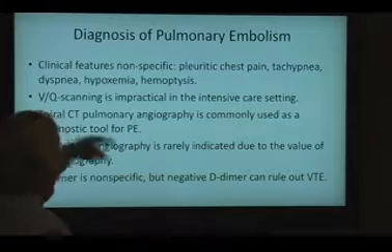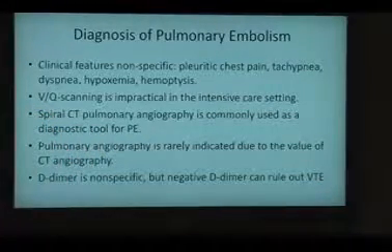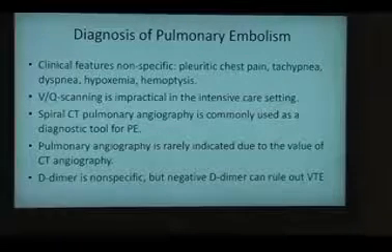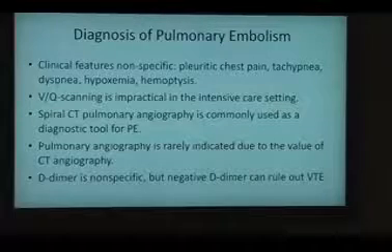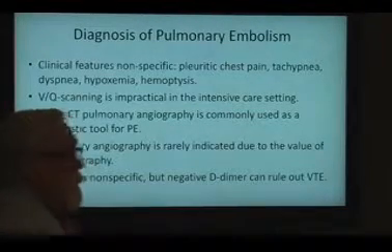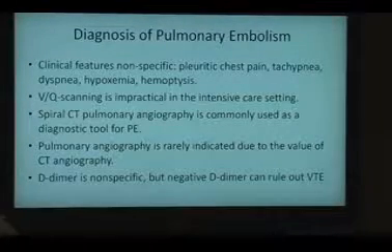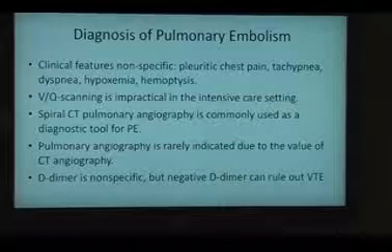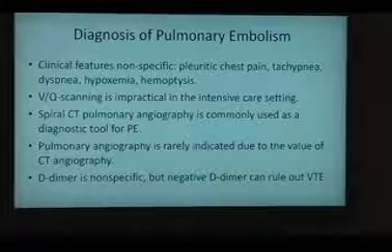So, as Liz just said, spiral CT angiography is the most commonly used diagnostic tool for PE. That's probably 80% of your transports, for the PE protocol. Pulmonary angiography, where the patient goes to cath lab or radiology and has dye injected into the pulmonary artery, is rarely indicated because CT pulmonary angiography is really quite good.